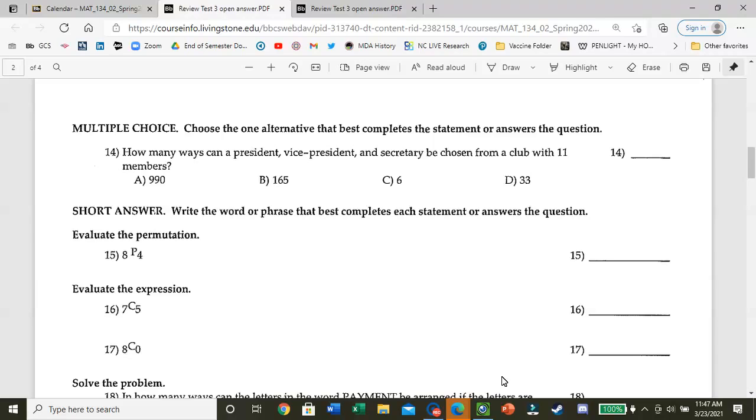No. You have how many ways can president, vice president, secretary be chosen with 11 members. So you got 11 members, and you got three positions to fill, right? So with that, you have to use permutation because order matters.